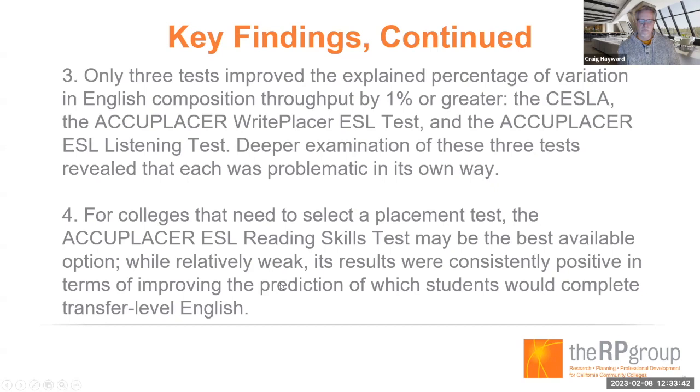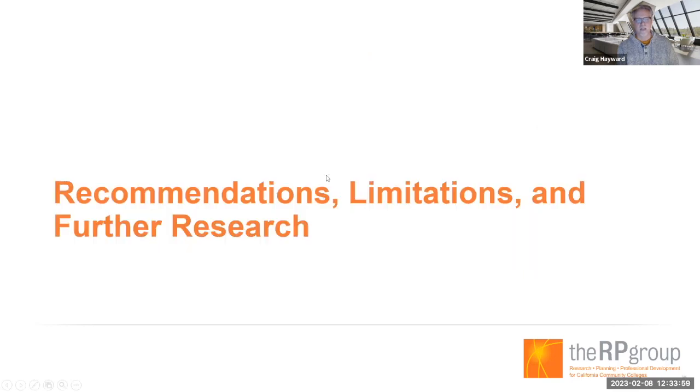And if you need to use a placement test, based on this evaluation, the AccuPlacer ESL reading skills test may be the best test available based on its ability to predict throughput of students. There are some caveats and limitations on that, however.